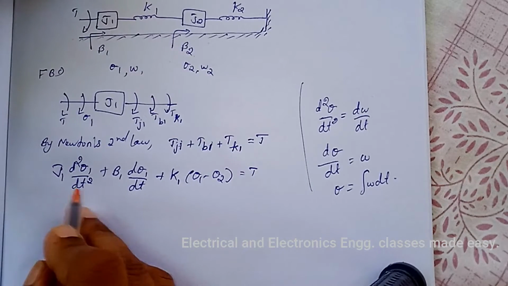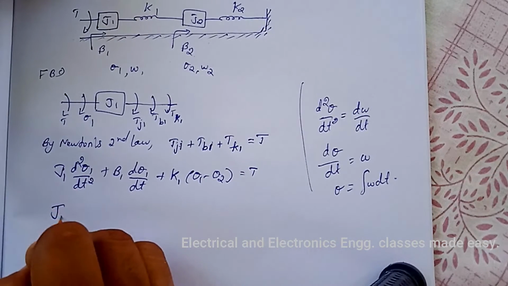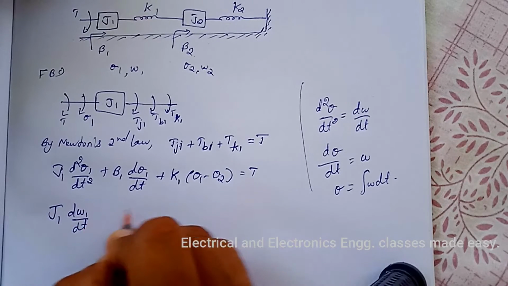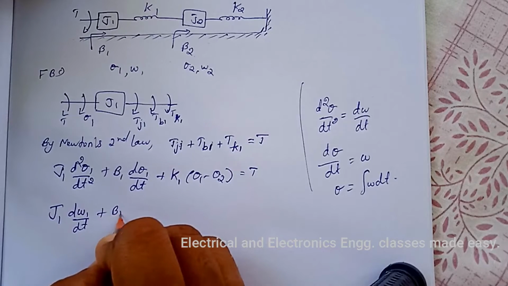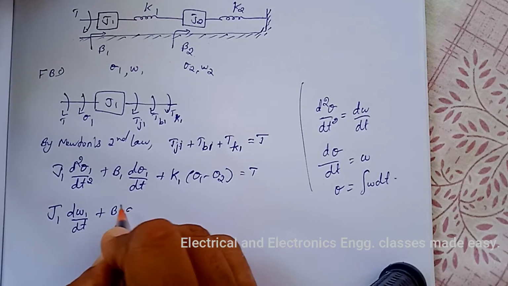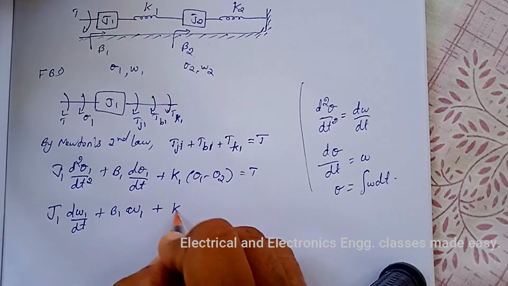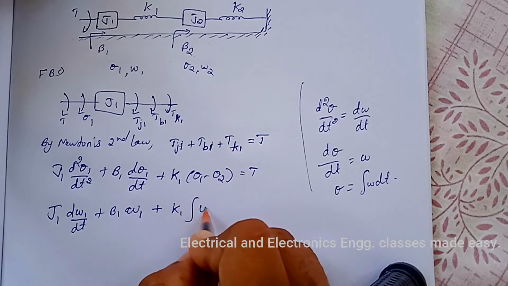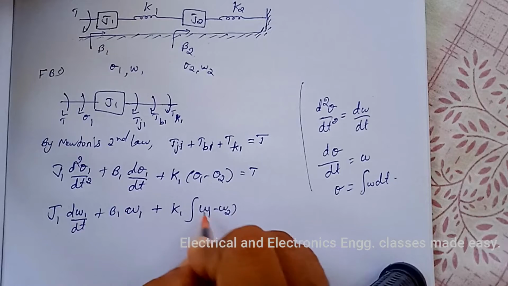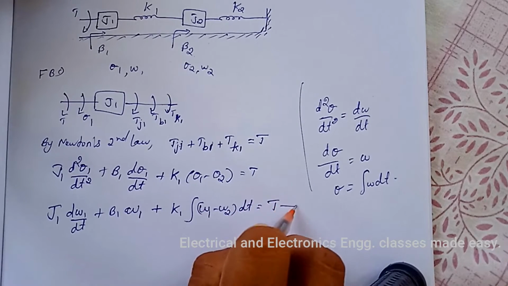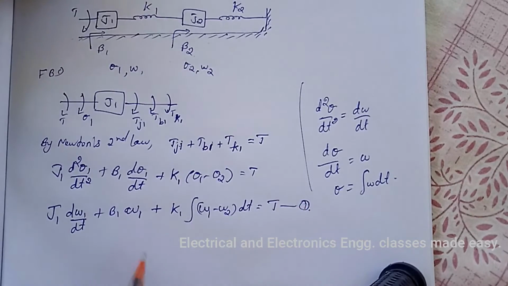So this equation we can write as J1 into d omega 1 divided by dt, plus b1 into omega 1, plus k1 into integral of omega 1 minus omega 2 dt, is equal to T. So this is equation 1.